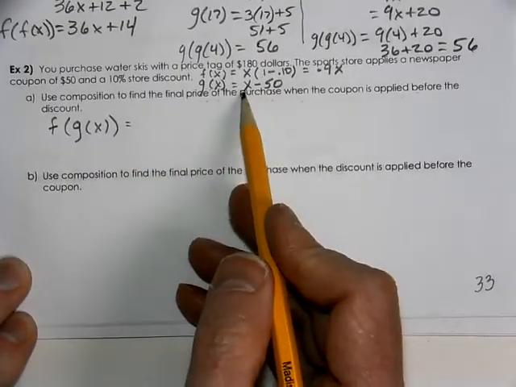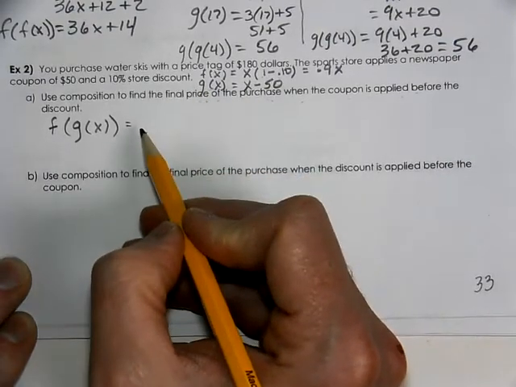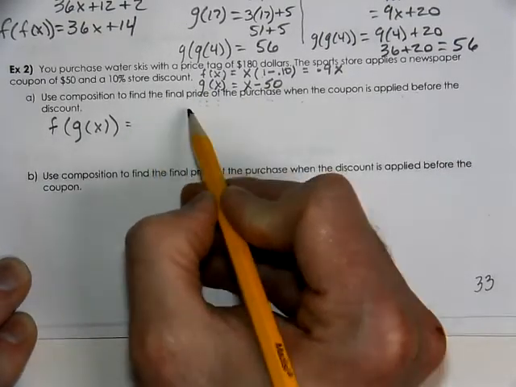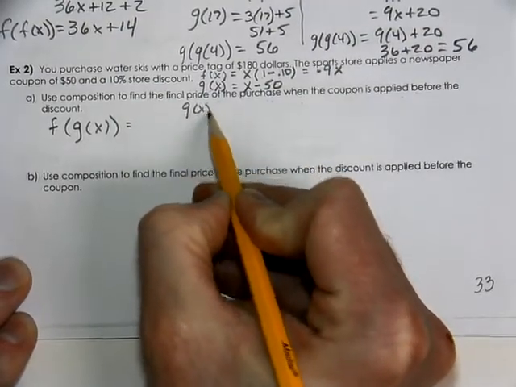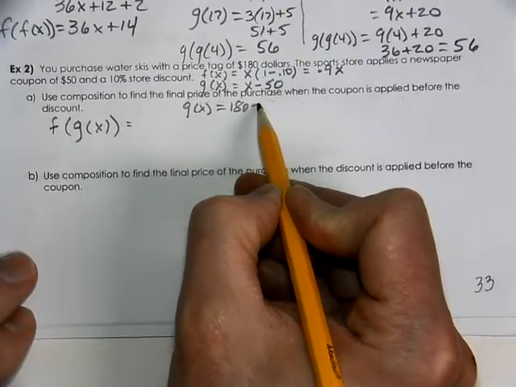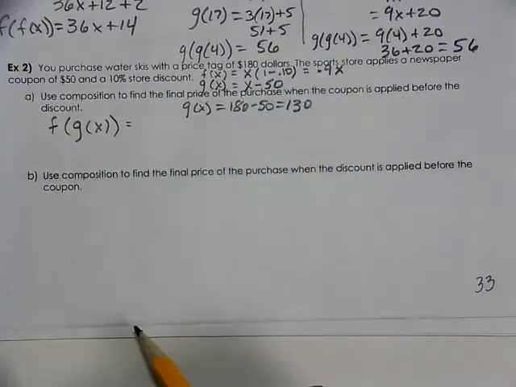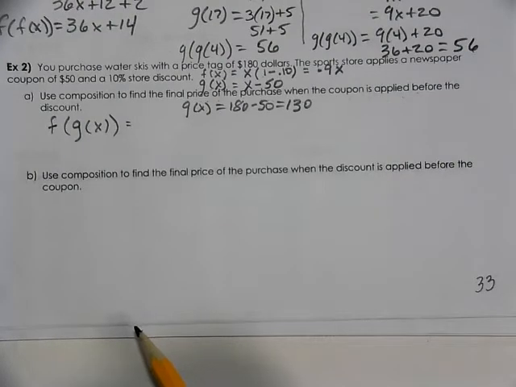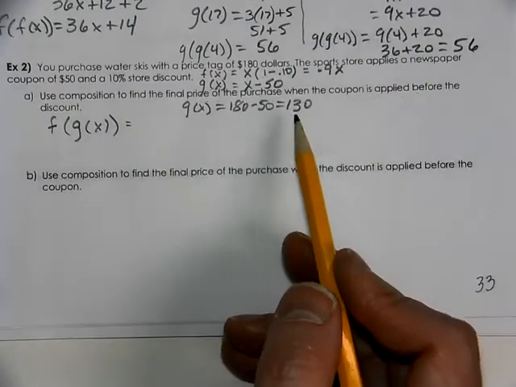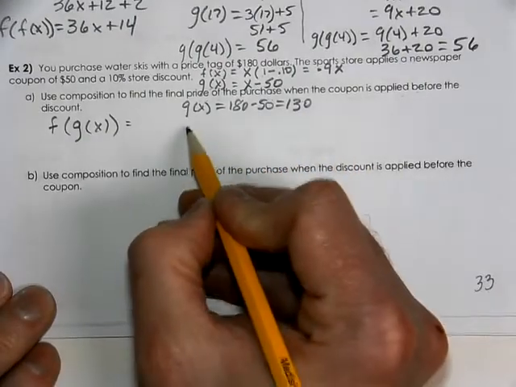So if we know our price is $180, g of x is $180 minus the 50, which gives us $130. And then you plug that $130 into the f function.